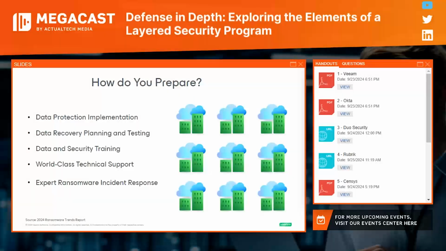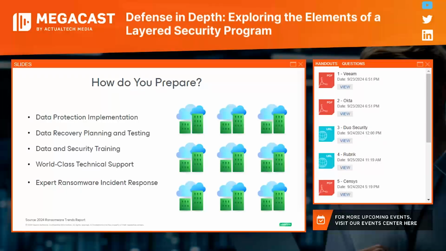So how do you prepare for that? We talked about Veeam, and it's mentioned in different frameworks, different recommendations, different guidelines. CISA and other government-based organizations all over the world talk about your plans, your protection, and obviously your testing. In the keynote, we heard a little bit about training as well, right? Having basic training to avoid falling into phishing attacks and things like that.